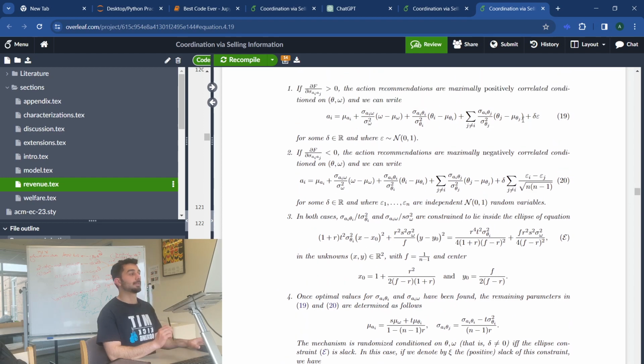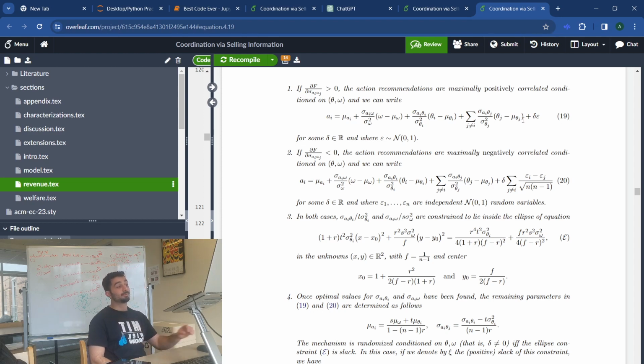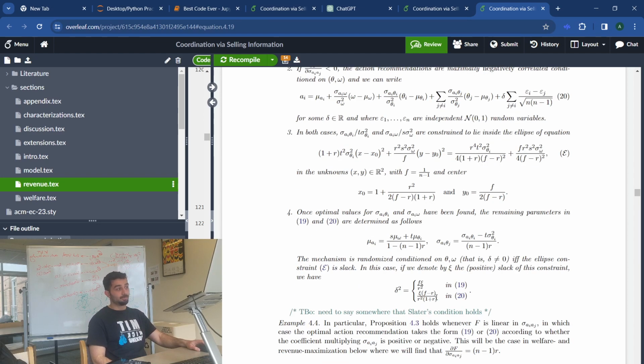So for maximal correlation, we add the same noise. For anti-correlation, we add independent IID normal noises. Where is this formula coming from? That will be my question.